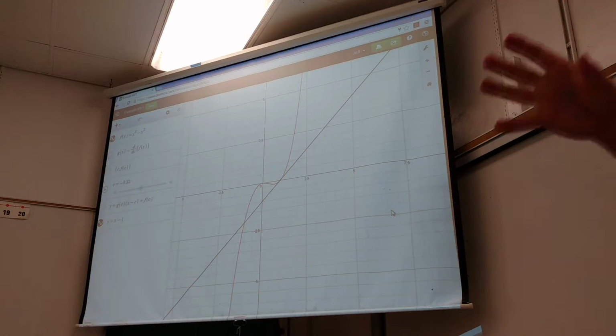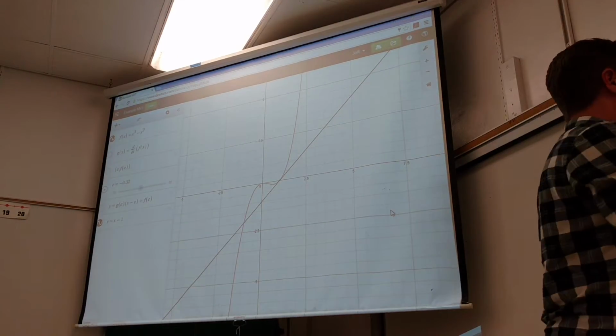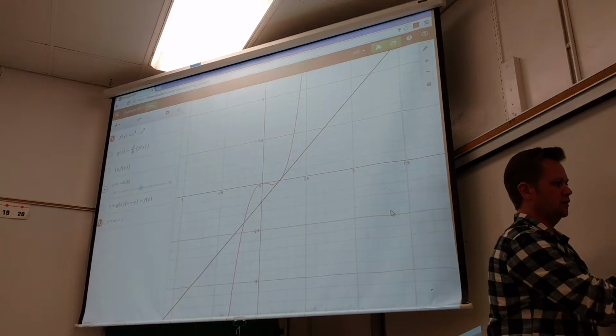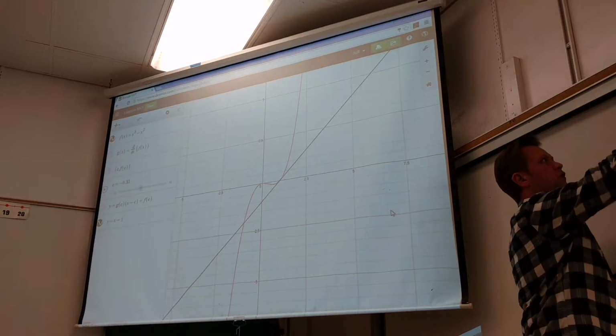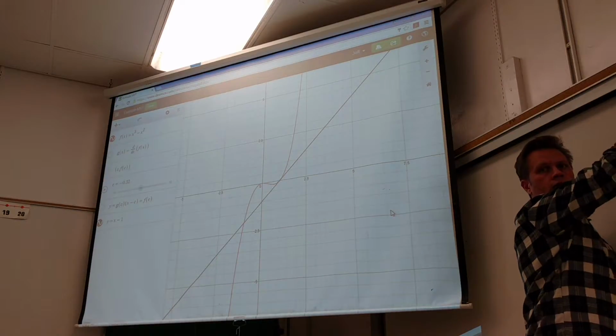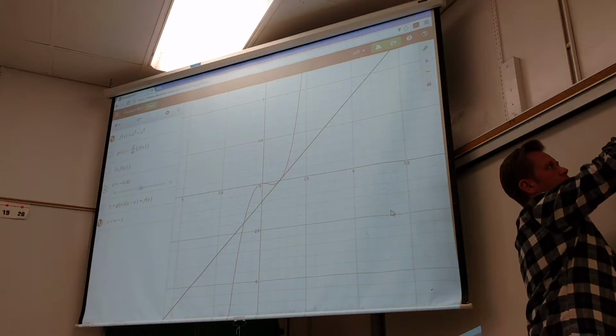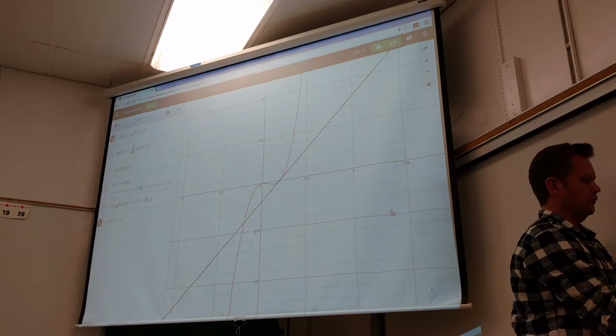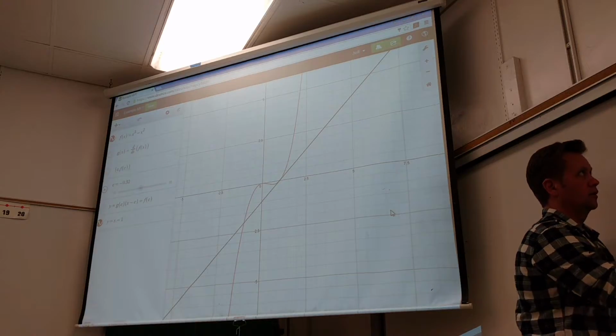It's not nearly as hard as you think. How do I get the line between -1 and 1? Well, what's the slope going to be? What's f of -1? -1 minus 1, oh, -2. And what's f of 1? 1 minus 1.